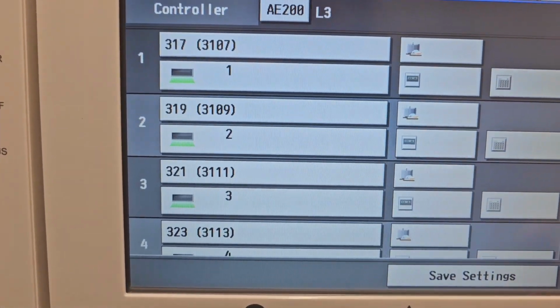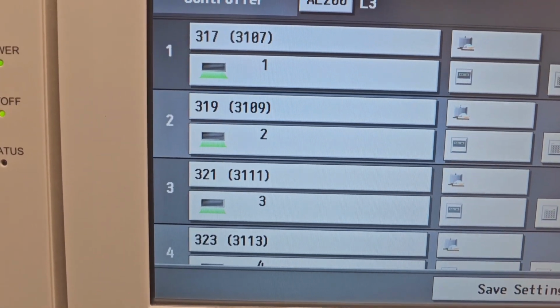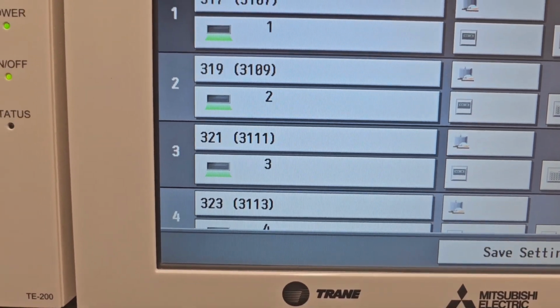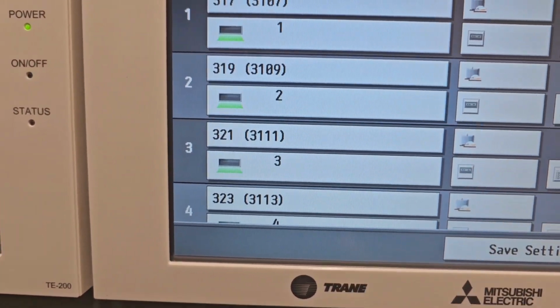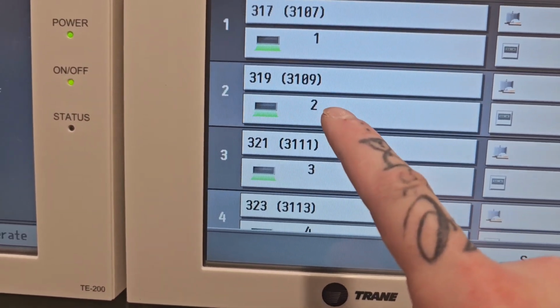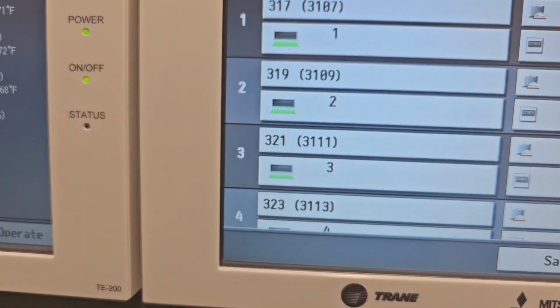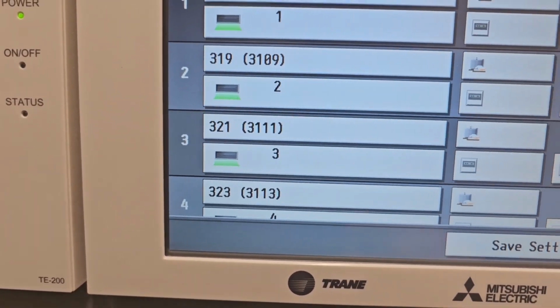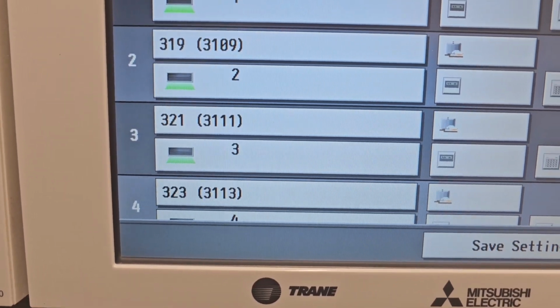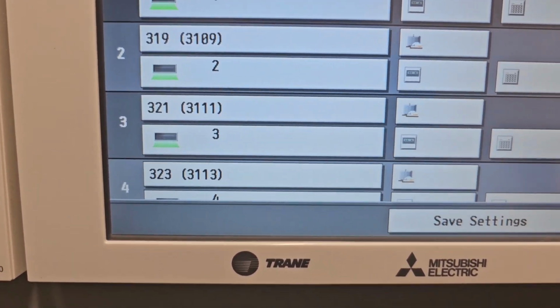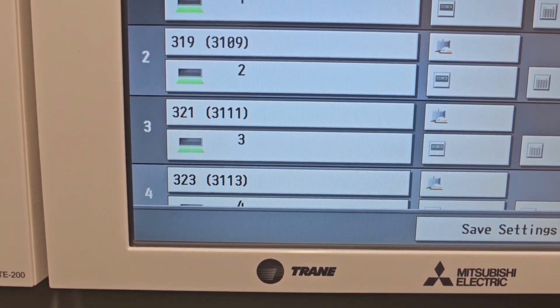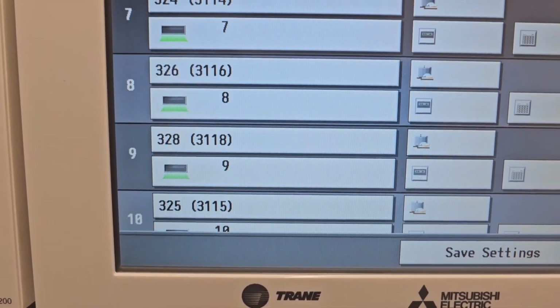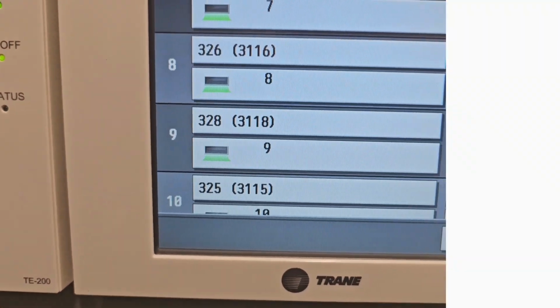Now this gives us all of our indoor units, addresses, and which label they are in the main screen. So we can come in here and say address 2 is for room 319. It is for CEO's office. It is for cubicle 4, whatever you want to name it as. So we're looking for 328. Come down. So that is address 9.